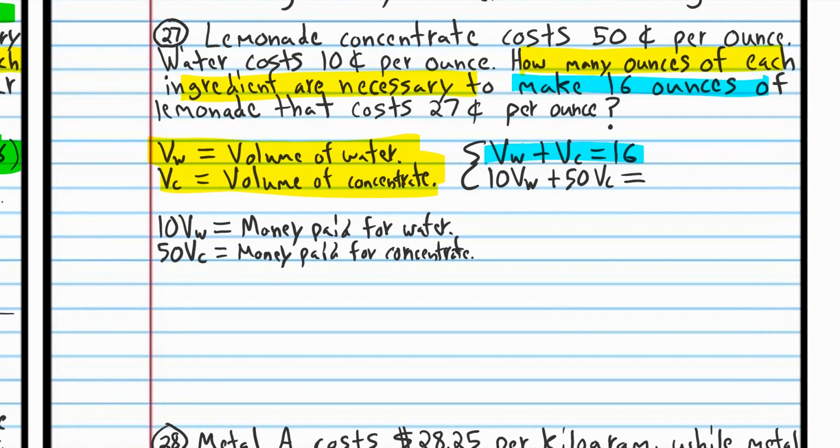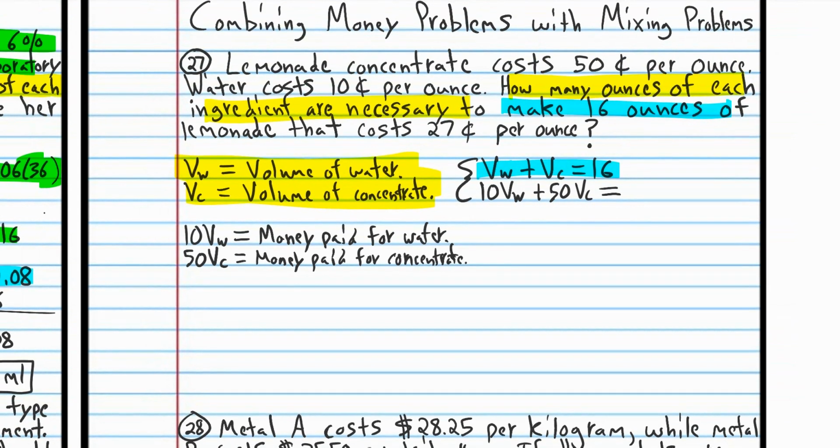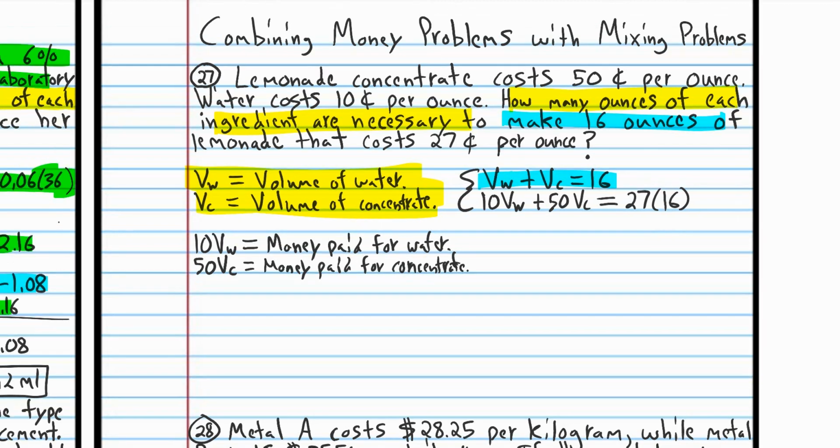And that should equal the total amount of money that we're going to pay for the final substance. We know that the final substance is going to be 27 cents per ounce, and there's going to be 16 ounces. So take the total number of ounces and multiply it by the price per ounce of our final substance, and you get the total amount of money we're going to pay for the final mixture.